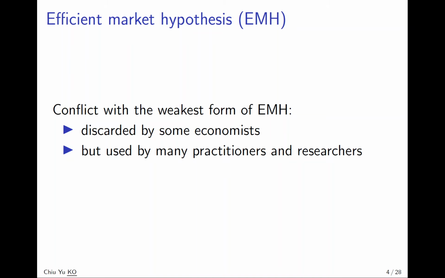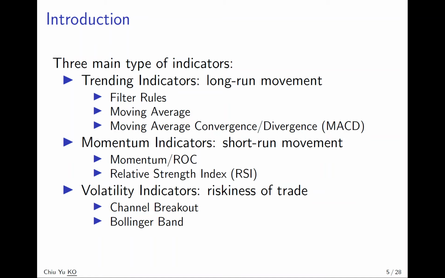So let's go over what we're going to do in technical analysis. As we said, there are many ad hoc ways to do it. But we focus on technical indicators. Technical indicators are basically mathematical formulas to calculate some number based on price.